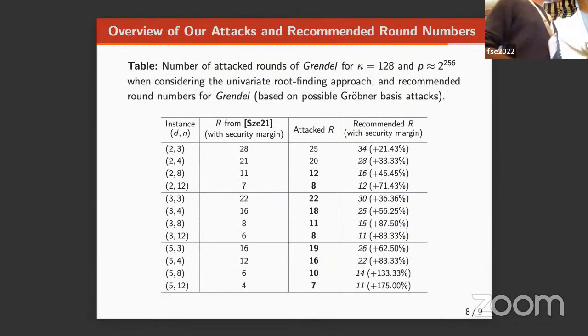We use this approach, and here we can find the comparison between the number of rounds of Grendel for different values of the degree t and the size of the permutation, the number of rounds that we are able to break, and the number of rounds that we recommend based on our attack and other considerations made in the paper. You can see that in some cases, we can break many more rounds than the ones proposed in the Grendel paper.